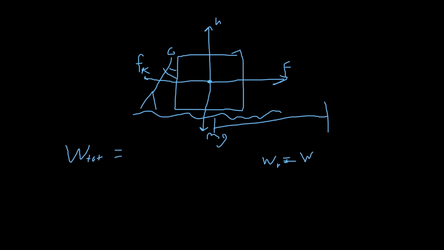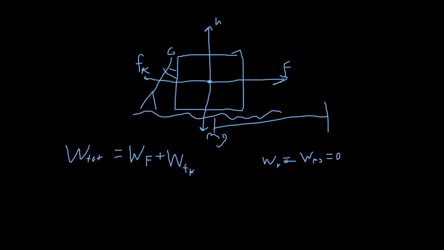But these are both equal to 0 because these forces are orthogonal to the direction of the displacement, which means that we will get a 0. The work is 0 for these two, but that means we're just left with the work of the force plus the work of the friction in our example.